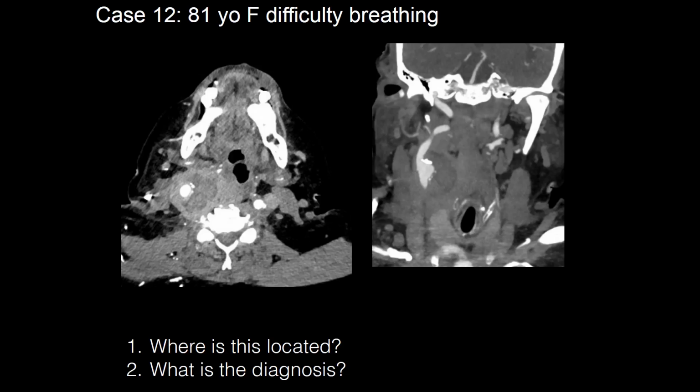Well, there's obliteration of the fat. It's kind of a low attenuating cystic type lesion surrounding the carotid. Difficulty breathing. Infection would be in my differential, like an abscess.